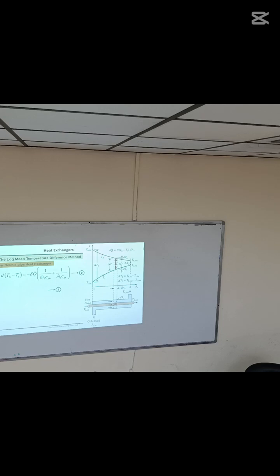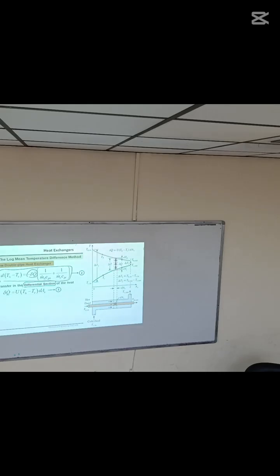Now this is the equation we have obtained by applying an energy balance on a differential section of the heat exchanger. This equation is from the first law of thermodynamics, not from heat transfer. What is the heat transfer equation? For the same element between hot and cold fluid, we can also write the same heat as UA times the difference between the average TH here and the average TC here.